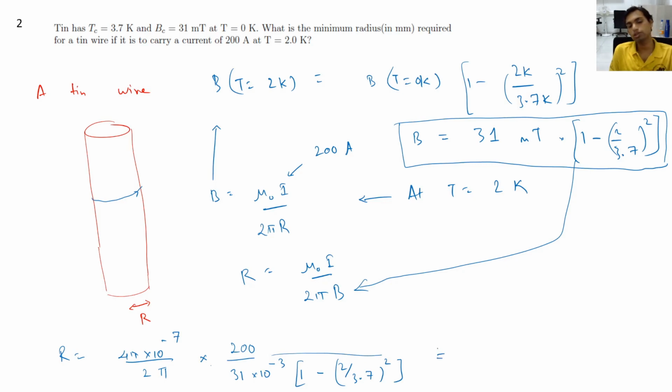So we have to calculate this, and this would be the radius. If you calculate this, the radius turns out to be .8 mm.